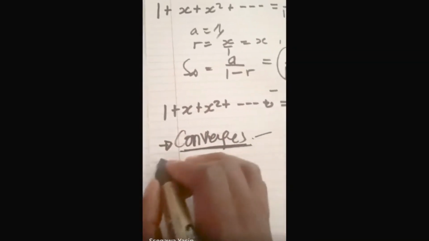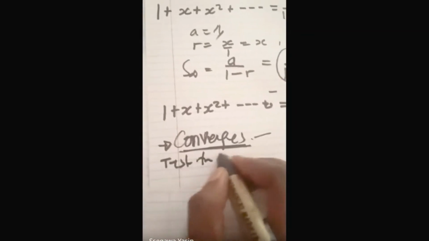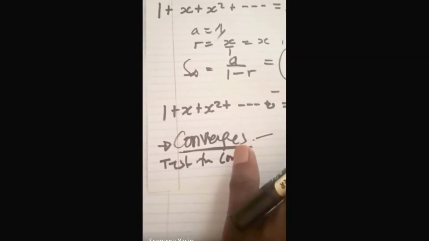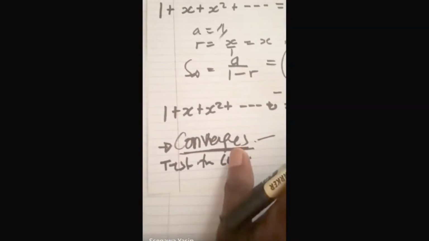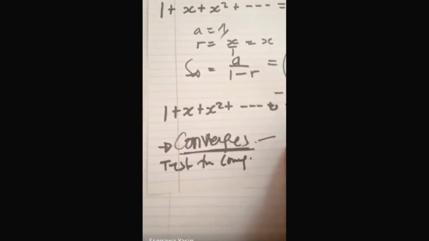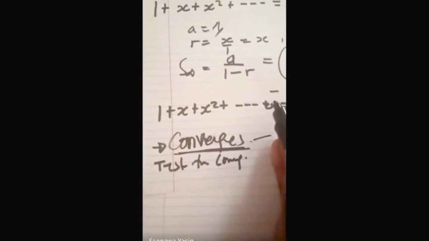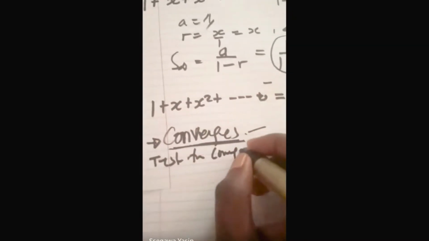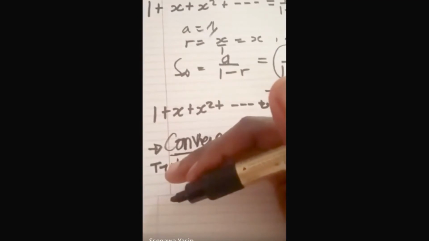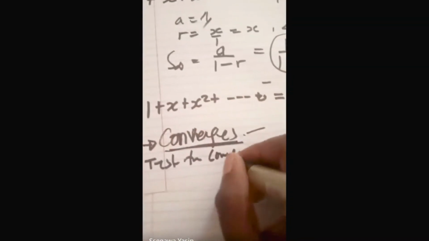Converging and testing for convergence. Does it converge? Does it diverge? If it is to converge, what do we follow, and how do we test for it? That is the target of the remaining bit of the subtopic. What are the methods we are supposed to use to test for convergence?